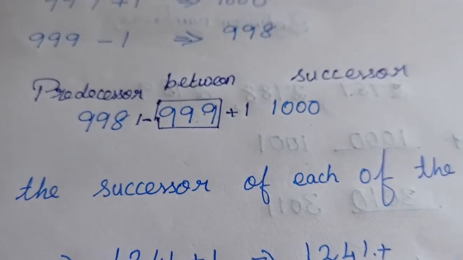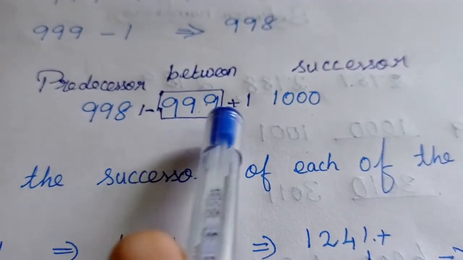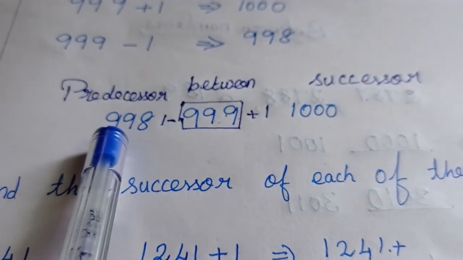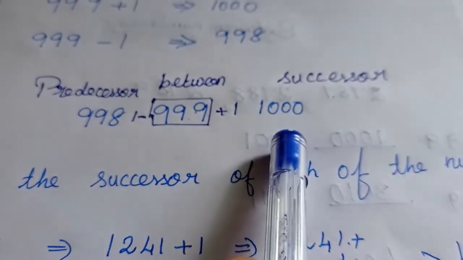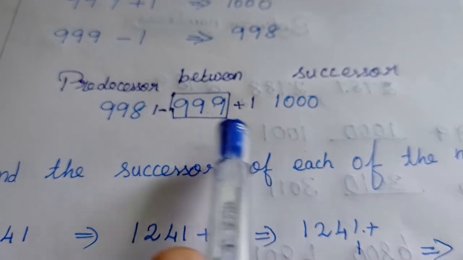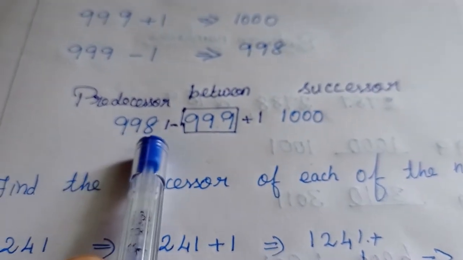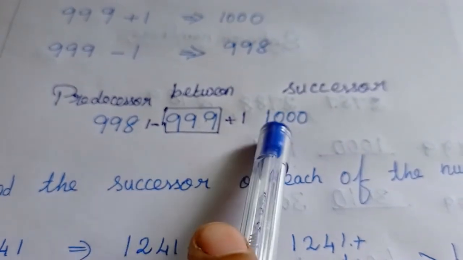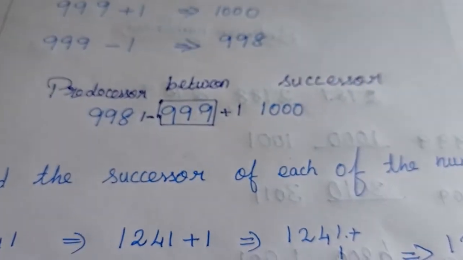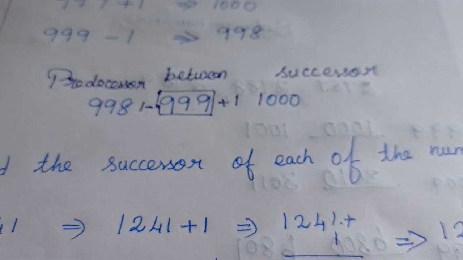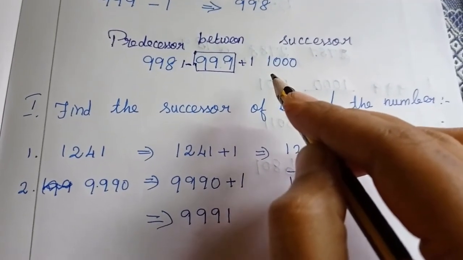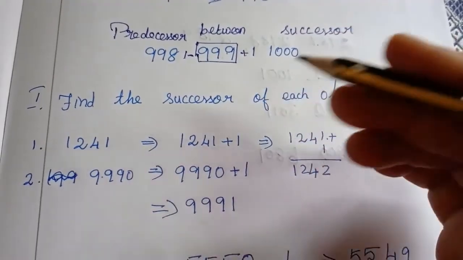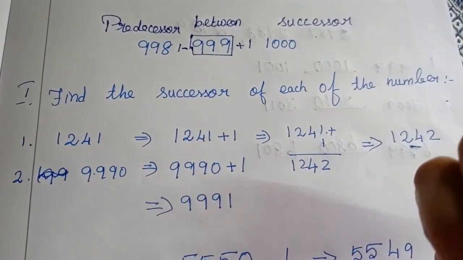Children, the number 999 lies between the numbers 998 and 1000. So 998 is the predecessor of 999 and 1000 is the successor of 999. And also we did some examples related to predecessor, successor and between numbers.